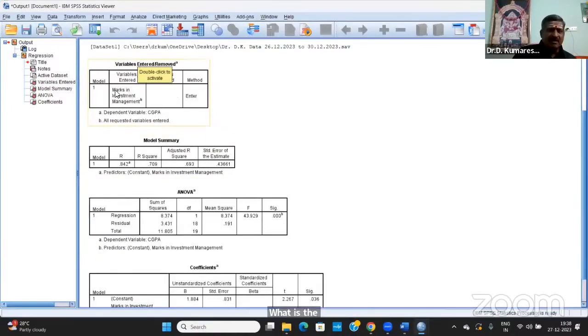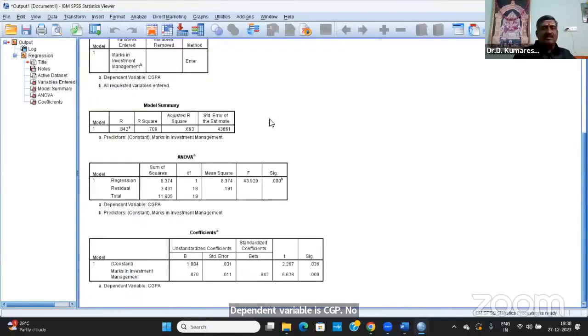Look at here, marks in investment management. What is the method? Enter. What is the variable removed? Nothing. So only one model is there. Dependent variable is CGPA.